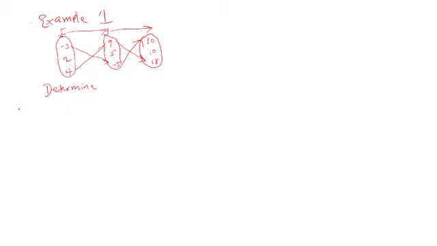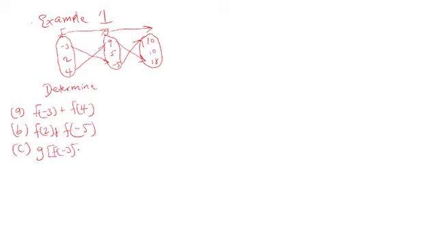Now with this example 1, let's determine the following values. A, let's look for f(-3) plus f(4). B, let's look for f(2) plus f(-5). C, let's look for g of the value of our f(-3).